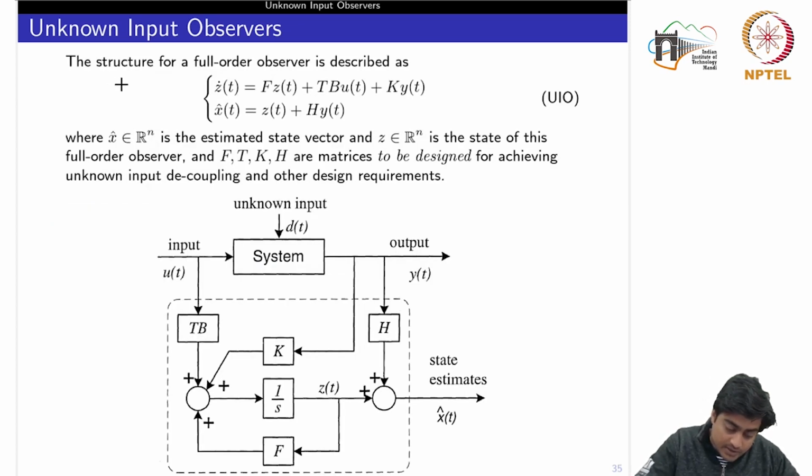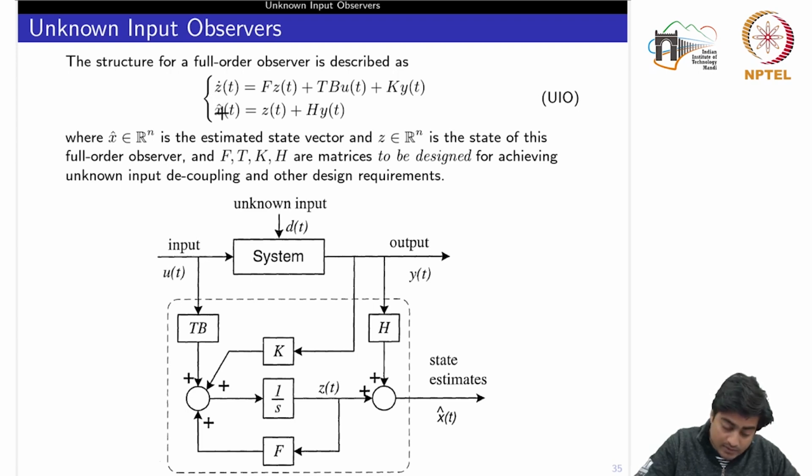So the structure for a full order observer we described is z dot equals F z plus T B u plus K times y(t), where x hat, the estimation of the state, is given by the summation of z(t) plus H times y(t), where z is the internal state of the observer.